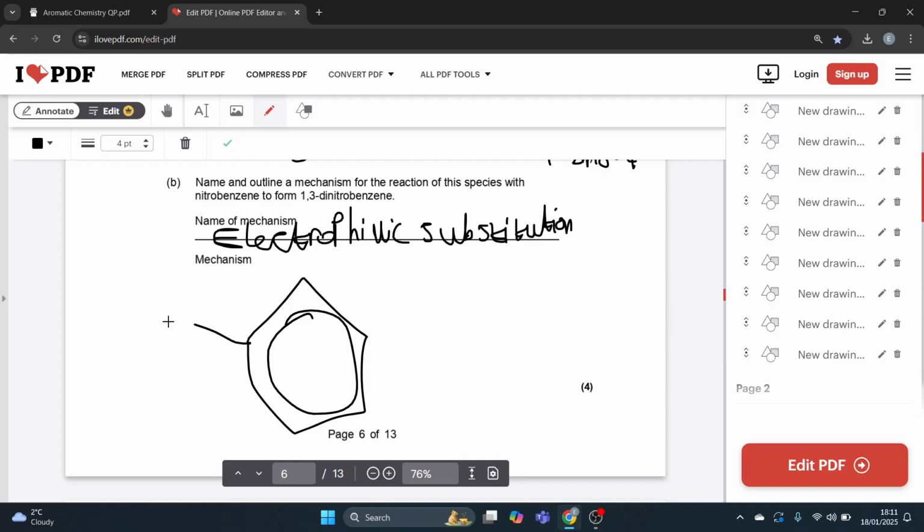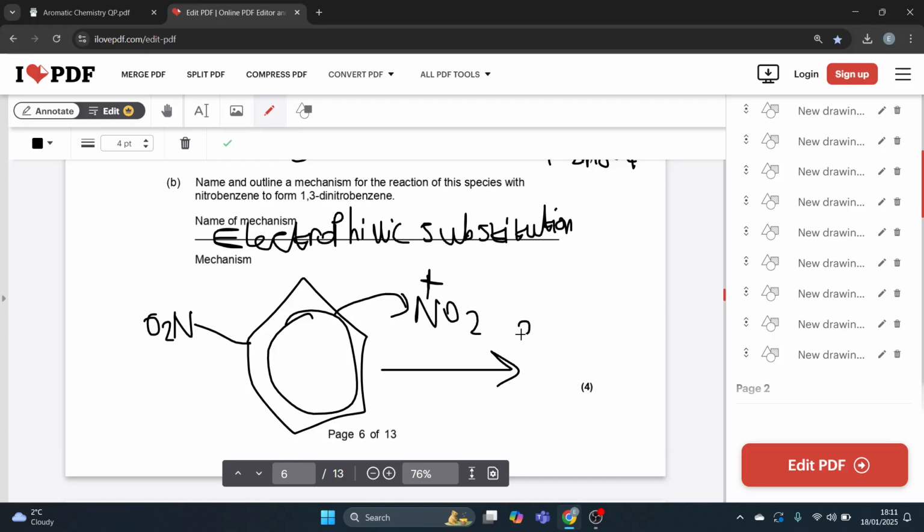So it's going to be like, I've got my NO2 group, O2N, and NO2 plus. Now this bit is key. The nitrogen is positively charged. The arrow goes from the ring of delocalized electrons to the nitrogen, very close to it.